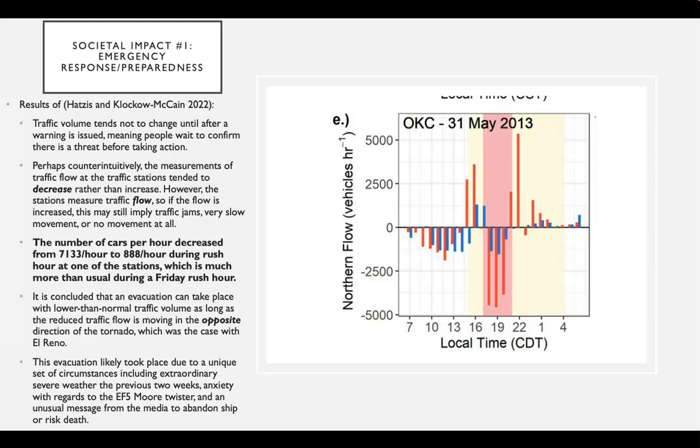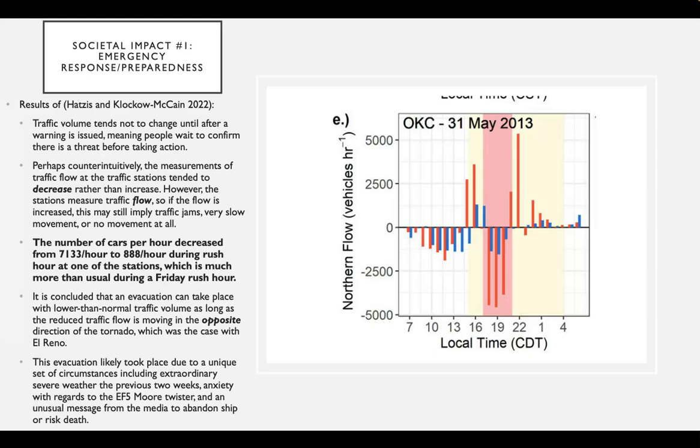So if flow is decreasing, then that means the traffic's not moving, or there's very few cars. But in the instance of El Reno, there was an evacuation, so we assume that the very low traffic flow is a traffic jam, or the cars aren't even moving at all.